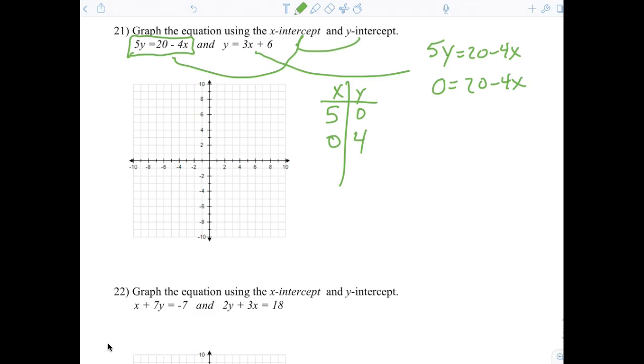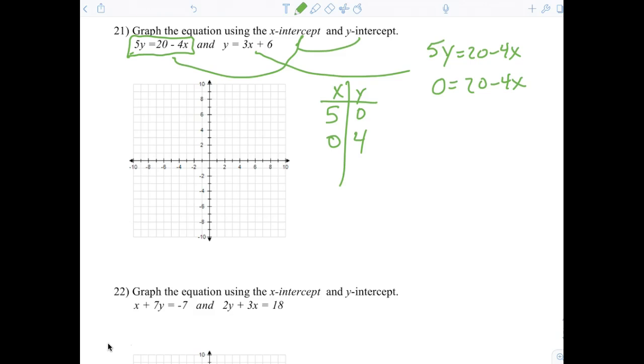Start at 6. You go up 3 over 1. Are you graphing all these with me? Sitting and staring and watching is not getting it done. Yes, thank you, Ryan. That's correct. You go up 6, plot a point. From there, you go up 3 over 1.